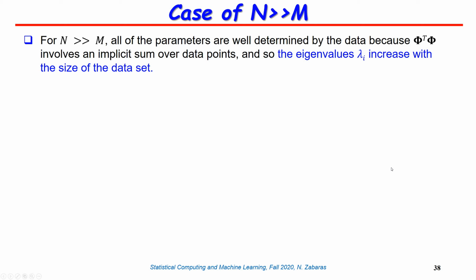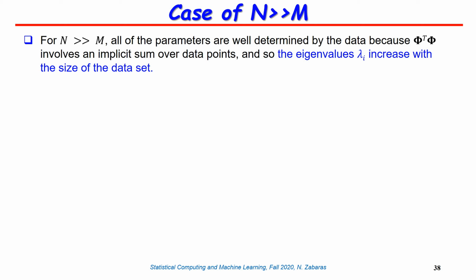Now, if it happens that you have a lot of data in your problem, you anticipate that the number of effective parameters in your problem will be equal to m.